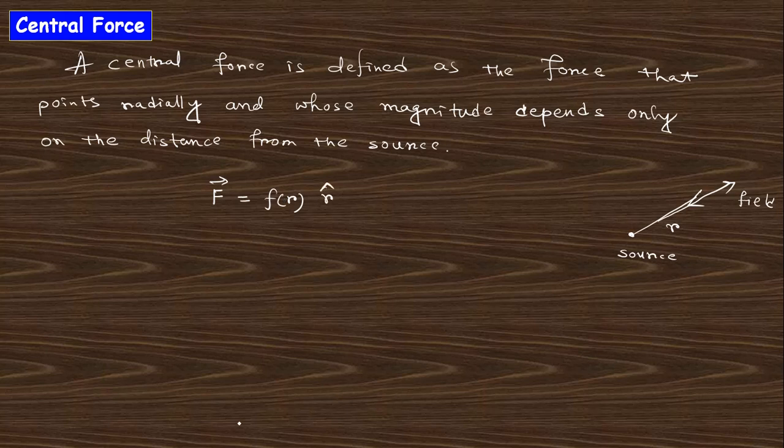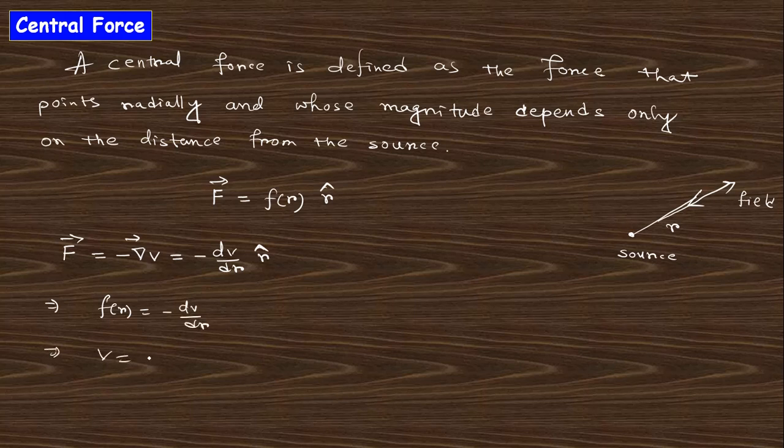From the previous lecture, we know that this force can be written as minus grad V. So this is nothing but minus dV/dr, from vector calculus. If you compare, f of r can be written as minus dV/dr.